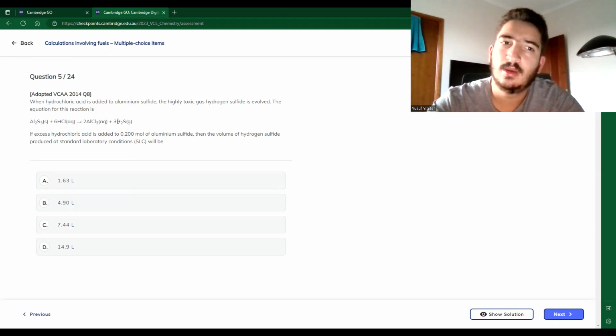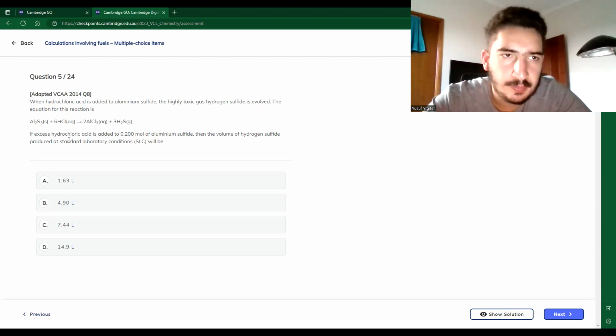We just have to find the amount of moles of hydrogen sulfide, and to find that, what are we given? Excess hydrochloric acid, so this is the excess, 0.2 moles, so that's given.